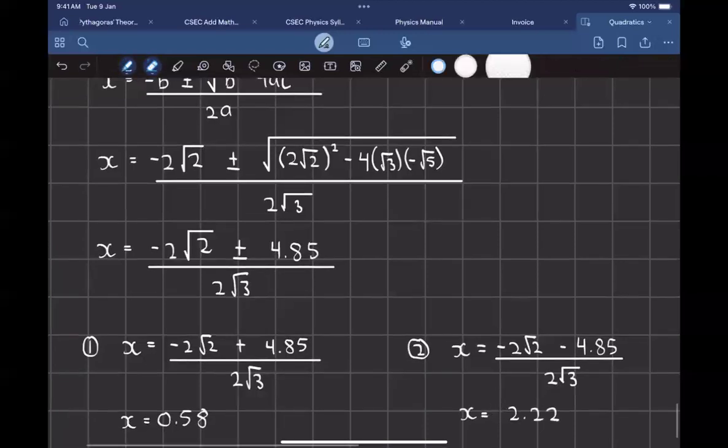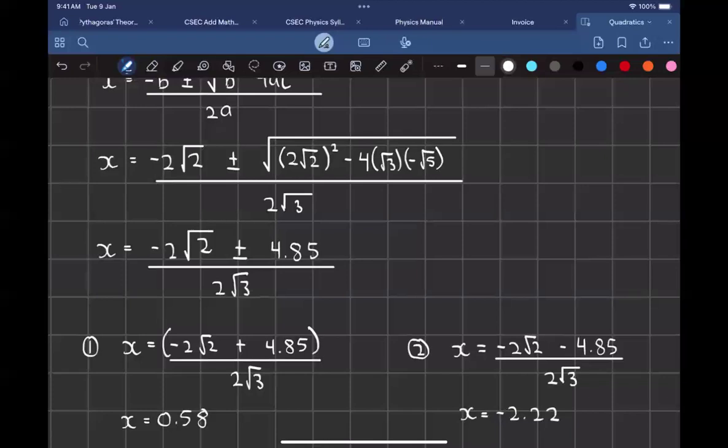So Rihanna, if you want to plug this into the calculator, on the Sharp, you can't plug in fractions. So what you have to do is use division. You're going to put this top part into the calculator in brackets. So open brackets, put minus 2 root 2, come out of the square root sign, then press plus 4.85, close bracket.